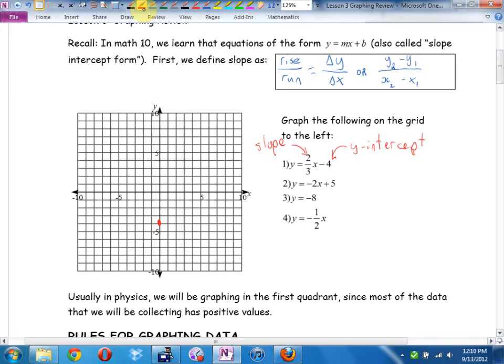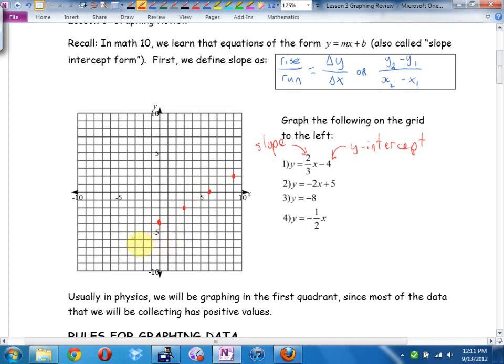And what that means is from this y-intercept, count 2 up over 3. And I can remember that it's over 3 because the way you read the fraction out, you actually said 2 over 3. So up 2, over 1, 2, 3, and I put a dot. Up 2 over 3, and I put a dot. And then I can back count as well.